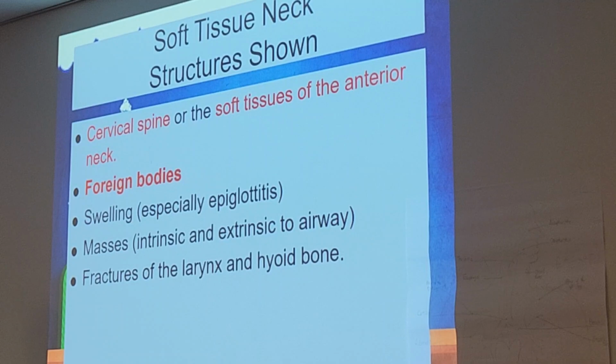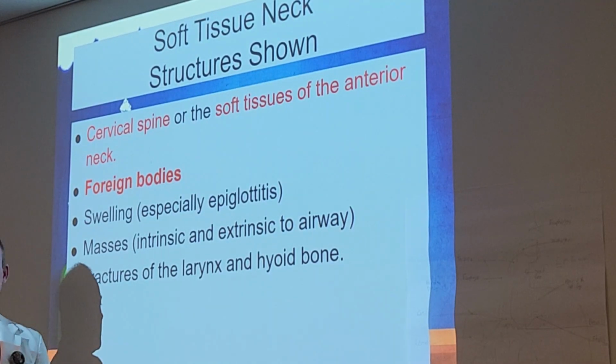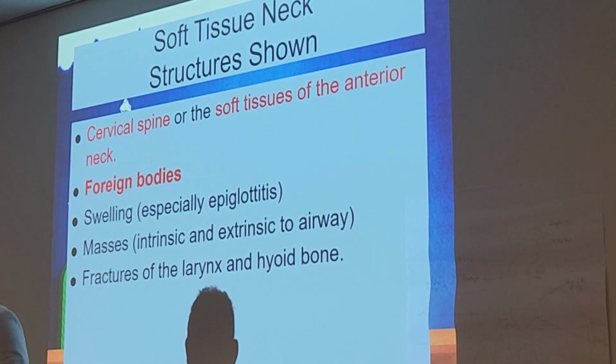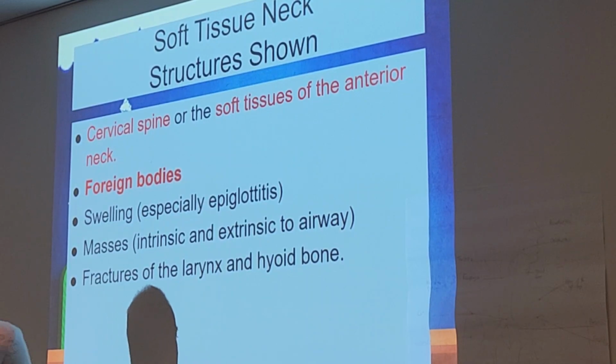Okay, guys, so soft tissue neck. Biggest thing, of course, we need to know, why are we doing the exam? Main reason for soft tissue necks, not the only reason, but main reason, is going to be the presence of foreign bodies. Things like fish bones or toys or food, things lodged in the throat, but also strictures, swelling, especially the epiglottis.